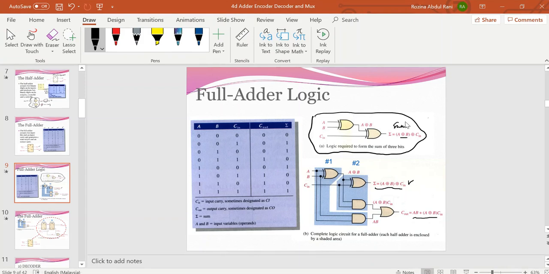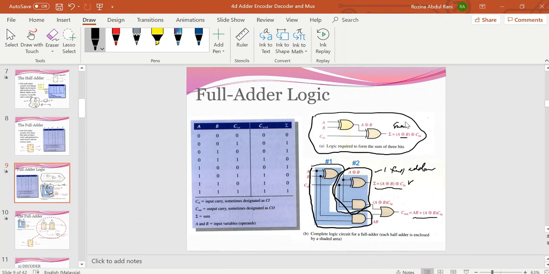And we can also design a full adder logic by a combination of two half adders. If you realize, this is one half adder, and this is another half adder. So we have two half adders to design one full adder.